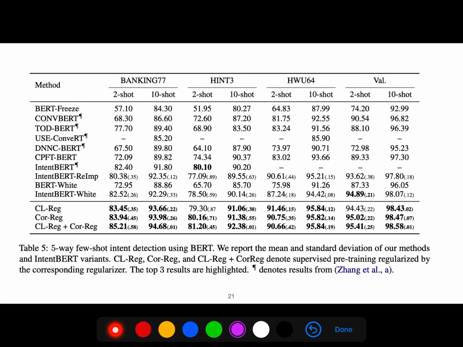There are many methods and many datasets, and we expect that for 2-shot, the performance is lower than for 10-shot. As you see, all of them are lower. The same holds for other datasets.